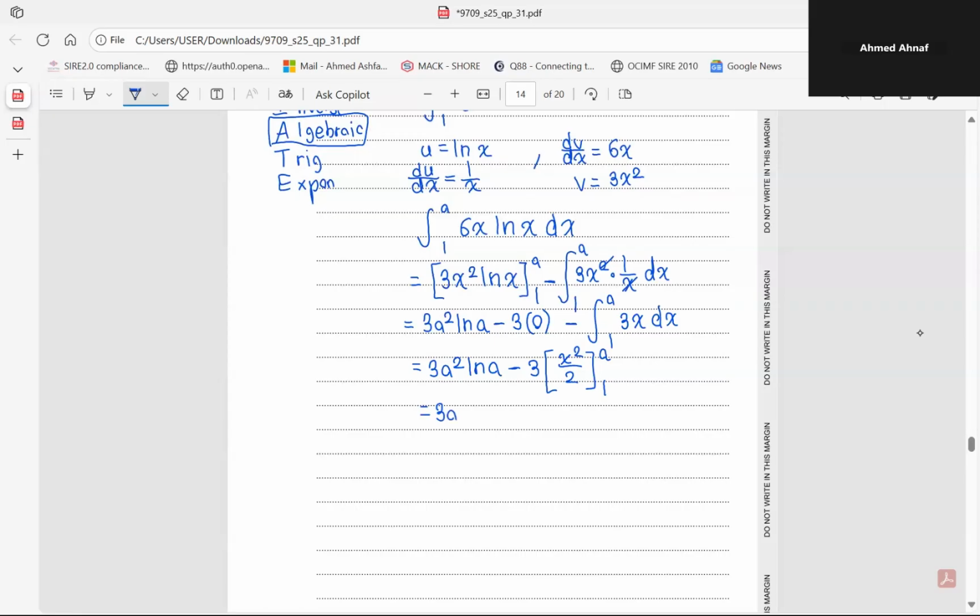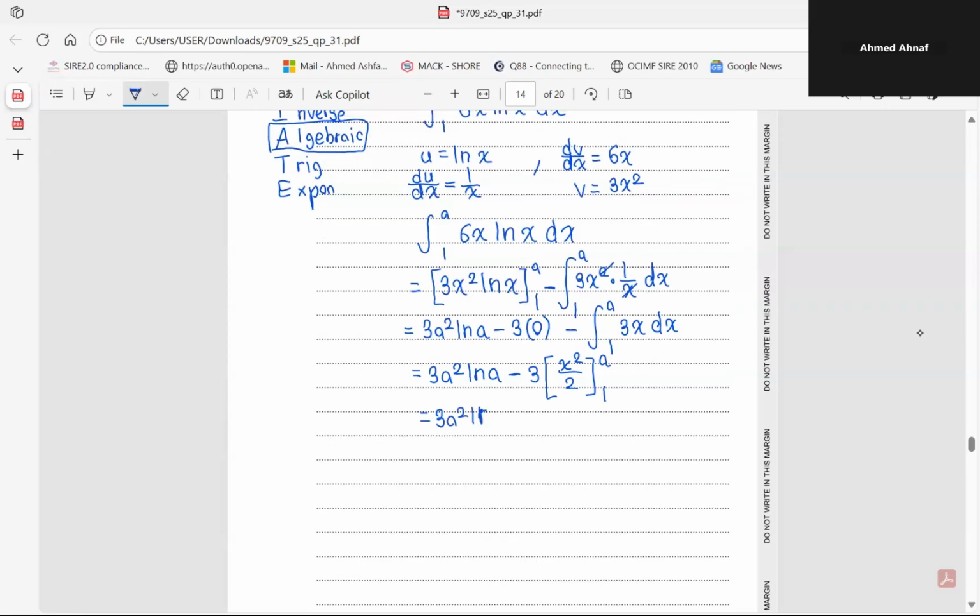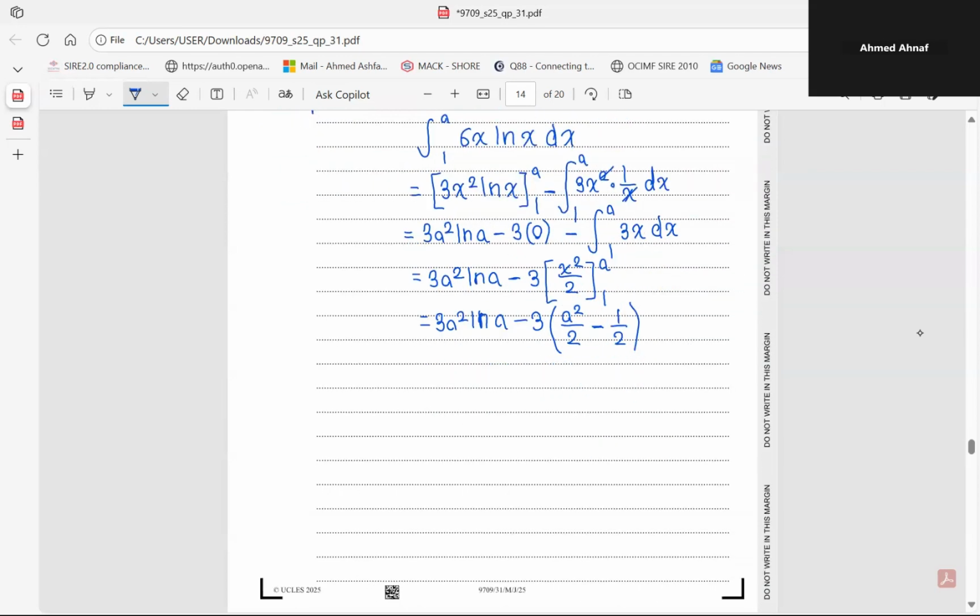So this would be 3a squared ln a minus 3 bracket a squared over 2 minus 1 squared over 2, which is just half. And this would be 3a squared ln a minus 3 over 2 a squared plus 3 over 2.